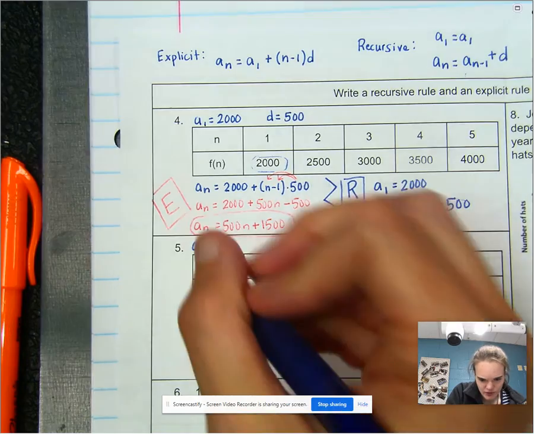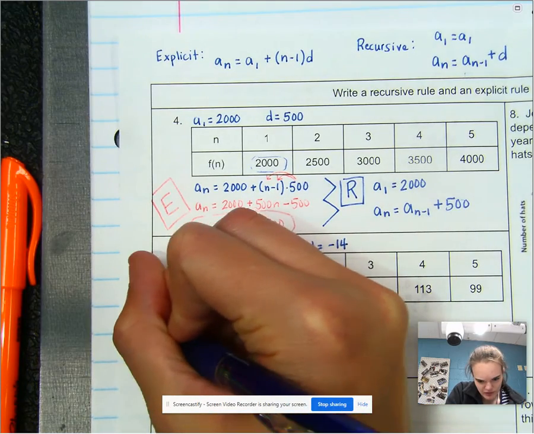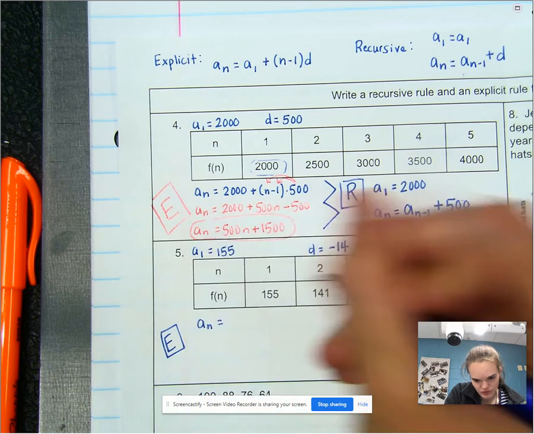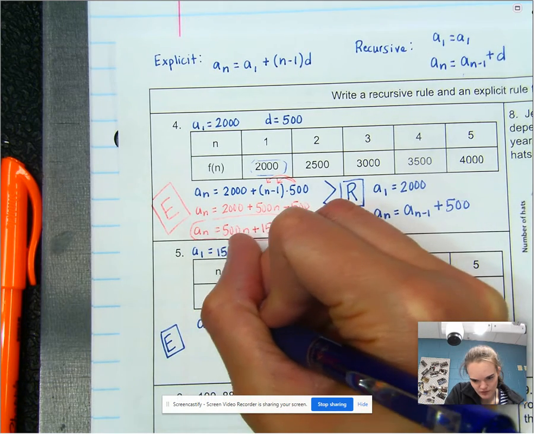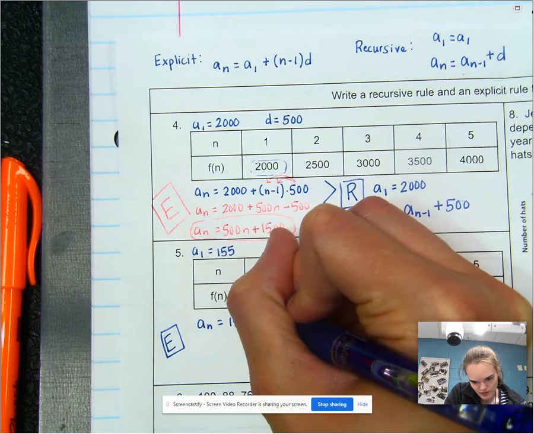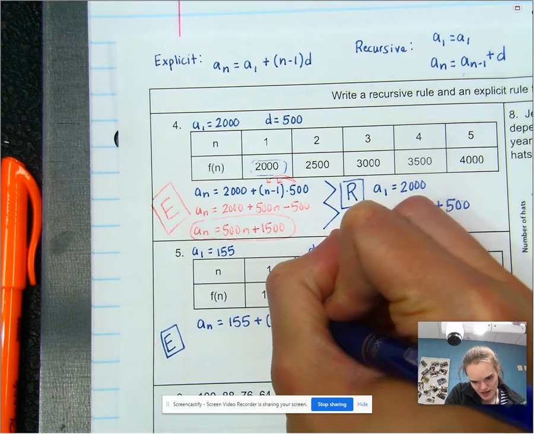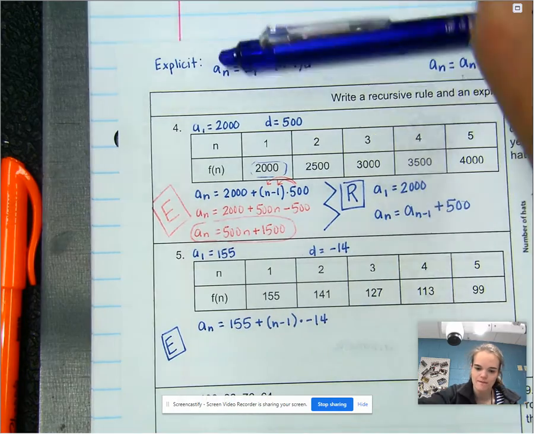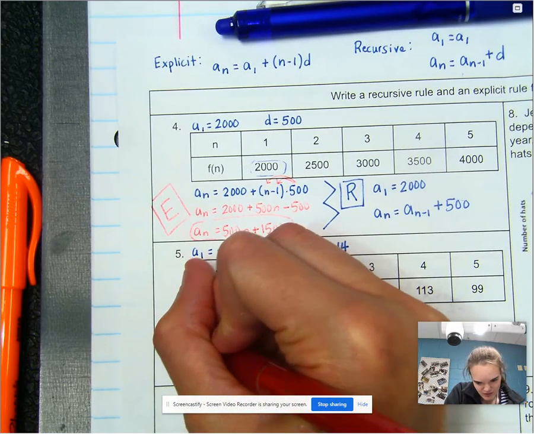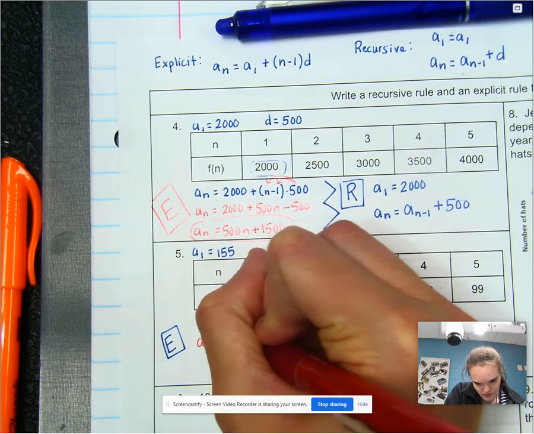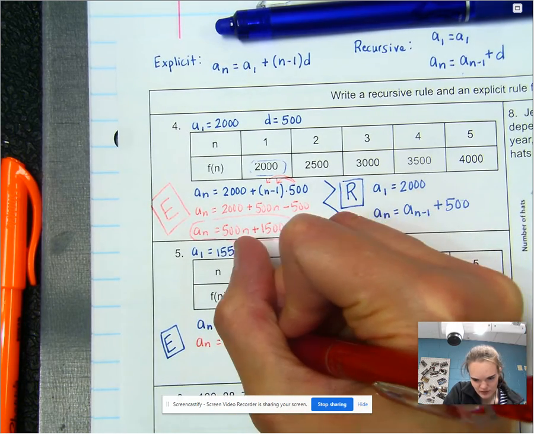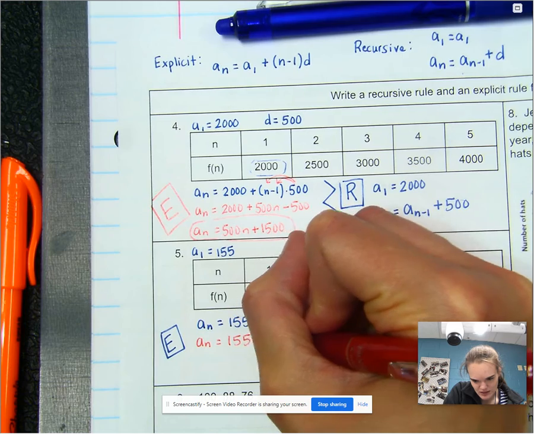Okay. Let's go ahead and start with the explicit. A sub n equals 155 plus n minus 1 times negative 14. Okay. A sub n equals 155. Distribute. Negative 14 times n is negative 14n.